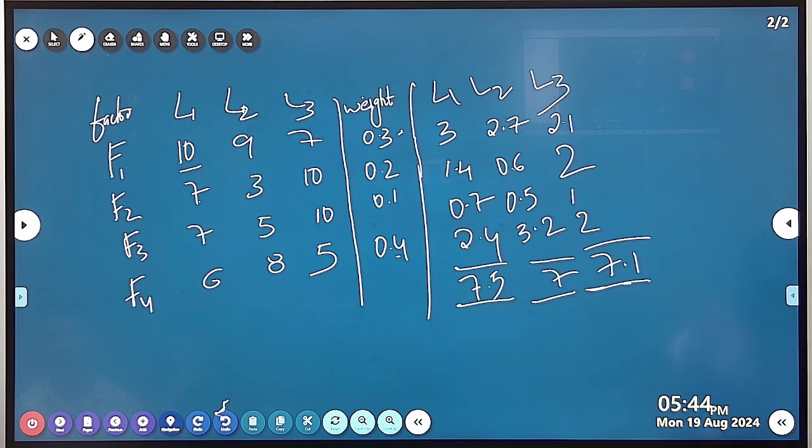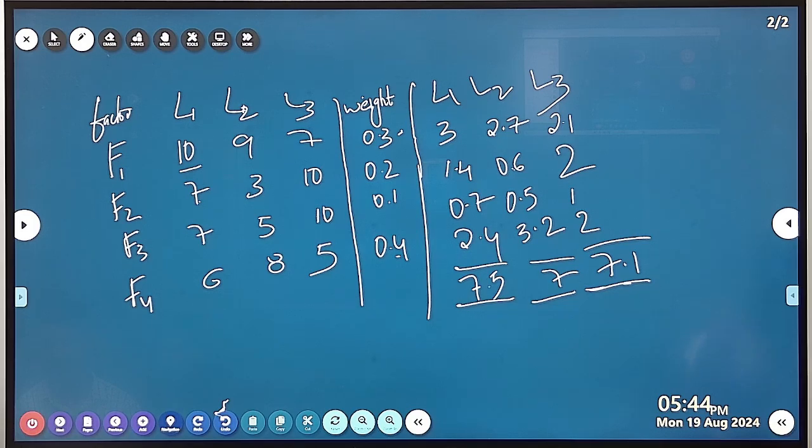It's very simple. Next, this question number 9. Let us see question number 9. Suppose XYZ Limited wants to open a retail shop in Kolkata. So it first selects four locations such as L1, L2, L3 and L4.